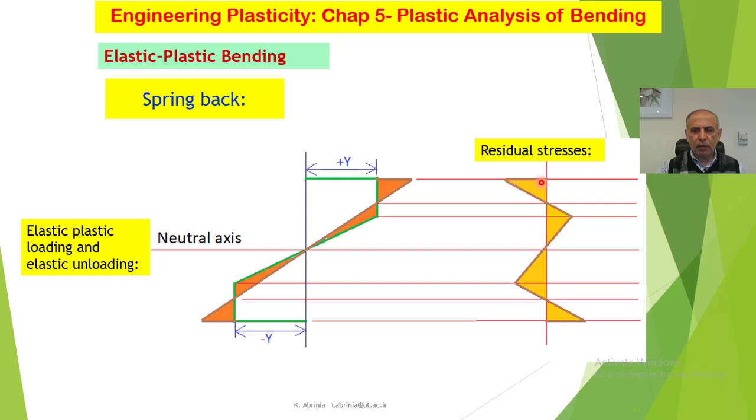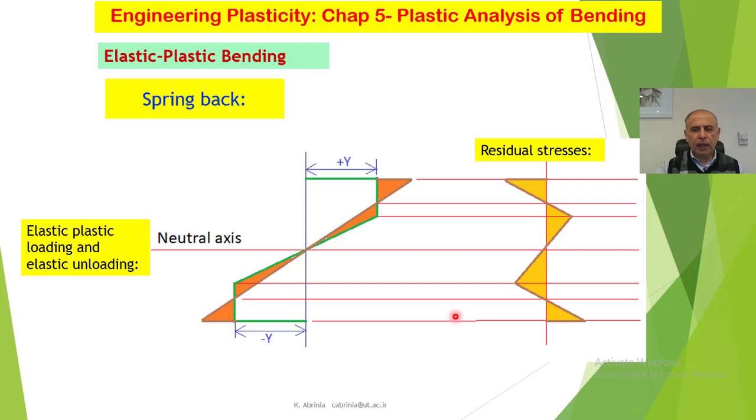So we get the negative residual stress here, positive here, negative here, positive here. So you can see that we have uneven stress distribution across the cross section.